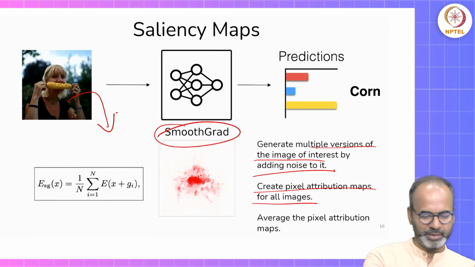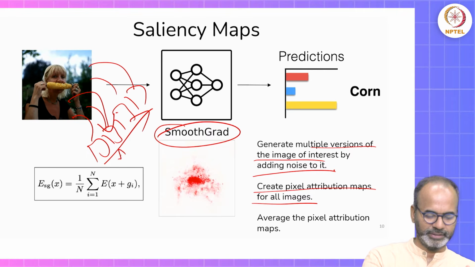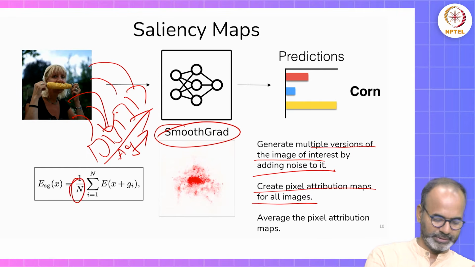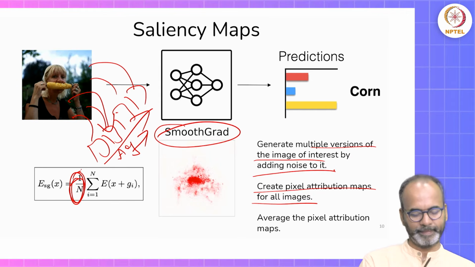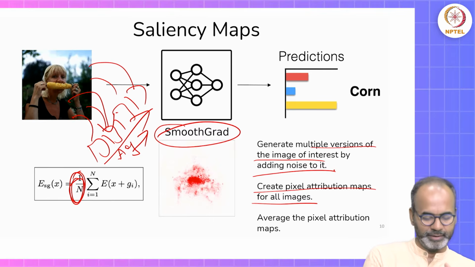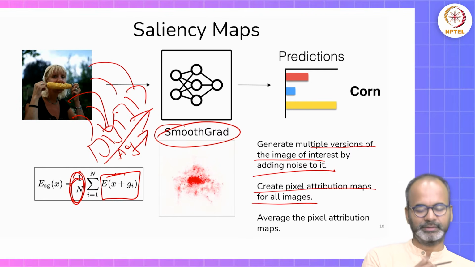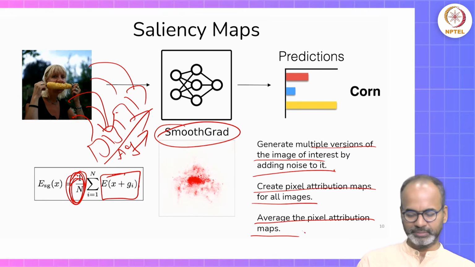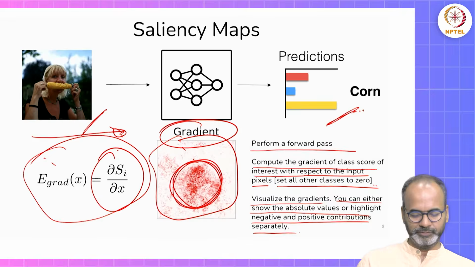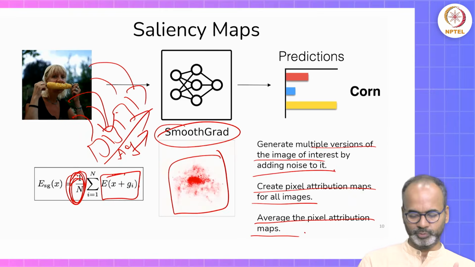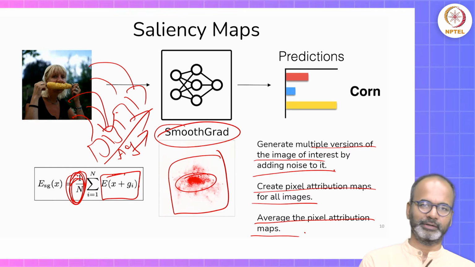So you take one image, create multiple images of it, create the gradient of this, and then average it out. And then we are also adding some noise to the image that's here, and you do the average for all of them. Average the pixel attribution maps, which is this. Now if you see, the gradient and the SmoothGrad seem to be slightly better at identifying, let's take cone here.